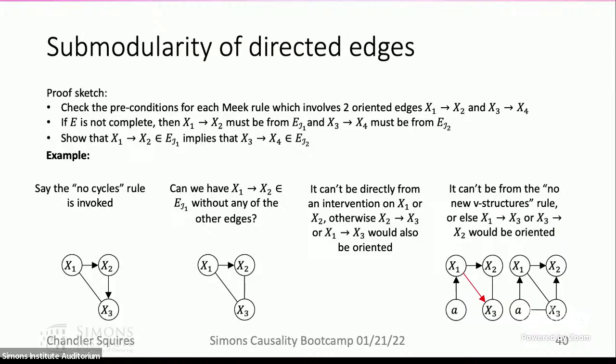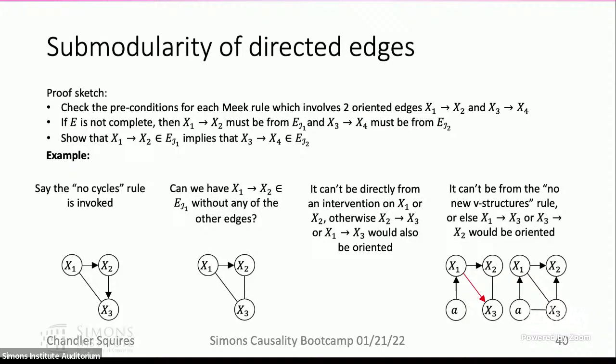But for example, one of the meek rules is we can't create a new V structure. So perhaps I got this edge because there's this other variable A that points into x1, but does not connect to x2. And if I already had this edge from A to x1, then by the fact that I don't yet have the edge x2 to x1, I have to orient it this way.